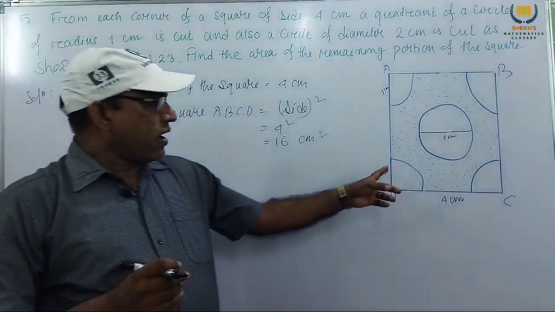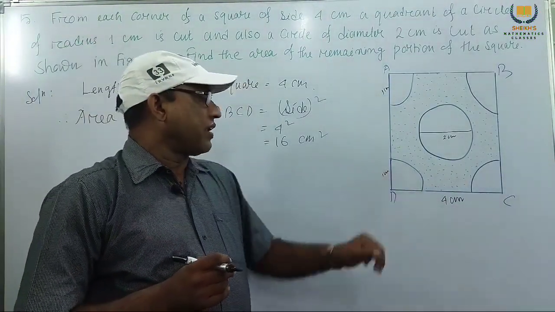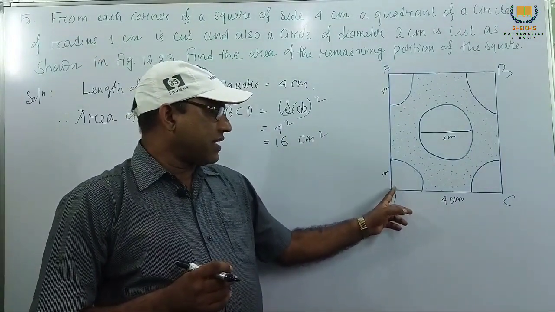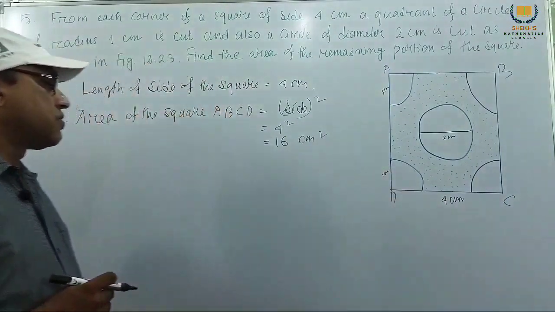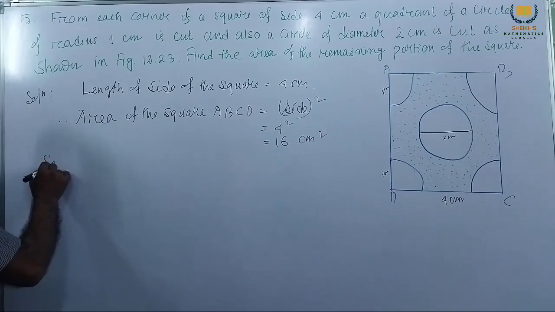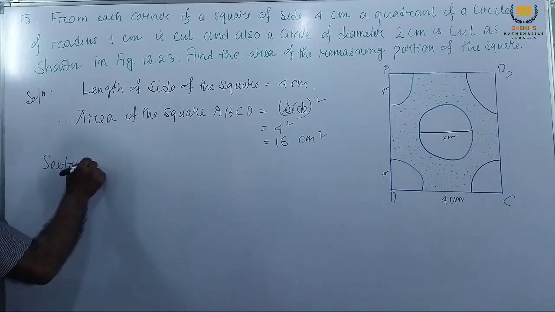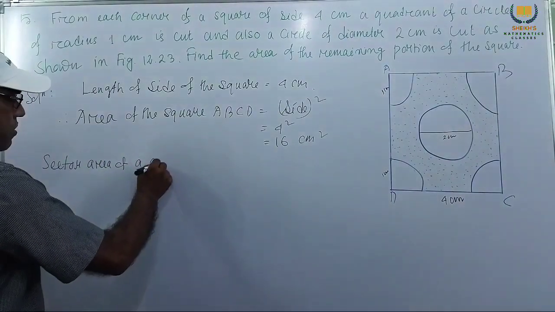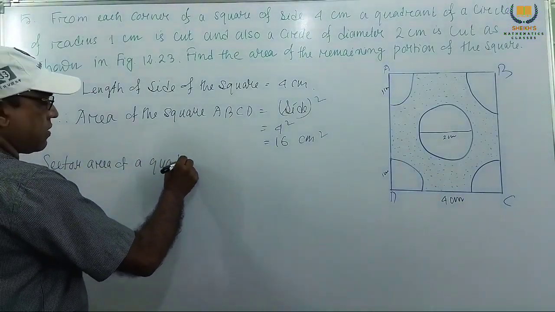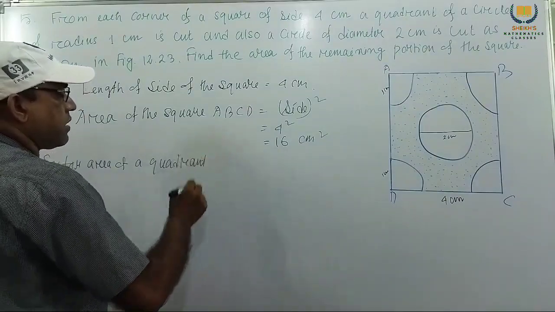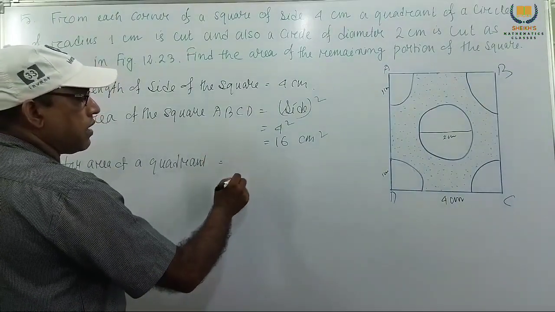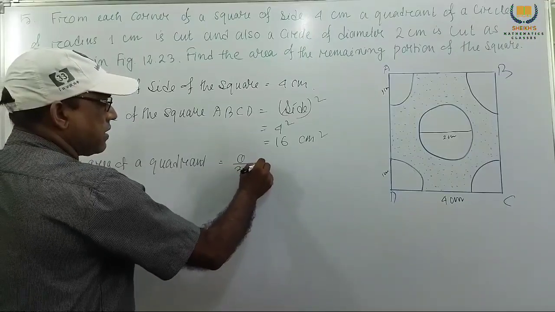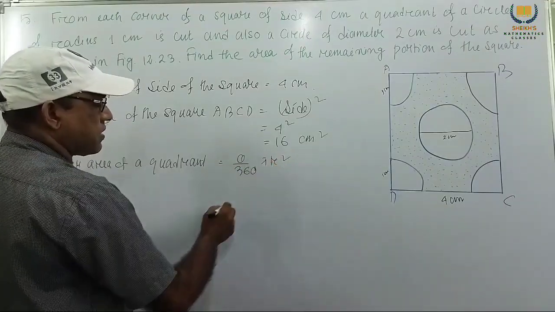Again we want to find the area of the quadrant. This is a sector, the angle is 90 degrees and the radius is given as 1. So area of a quadrant equal to theta by 360 into pi r square.